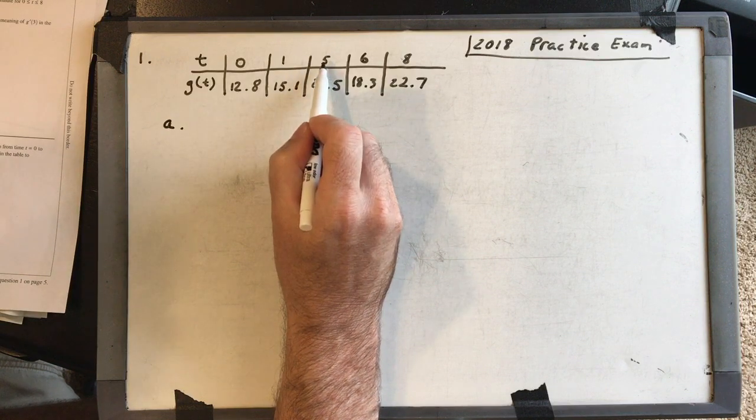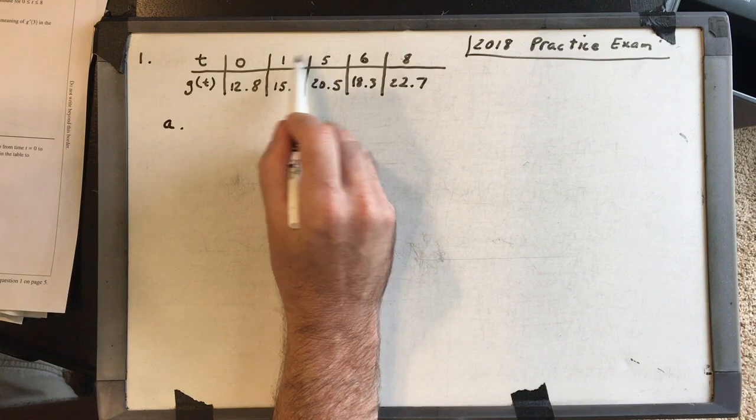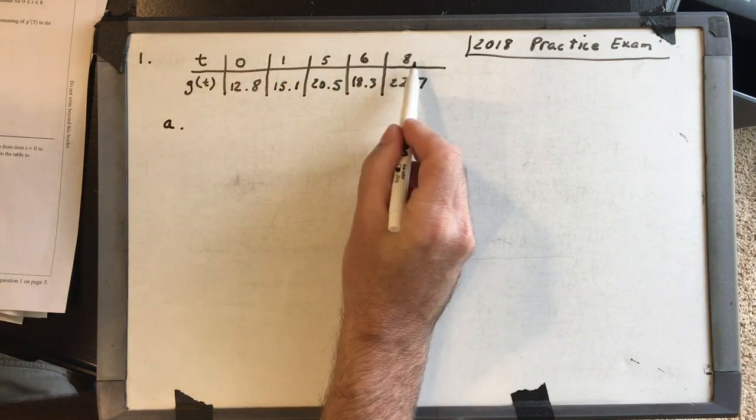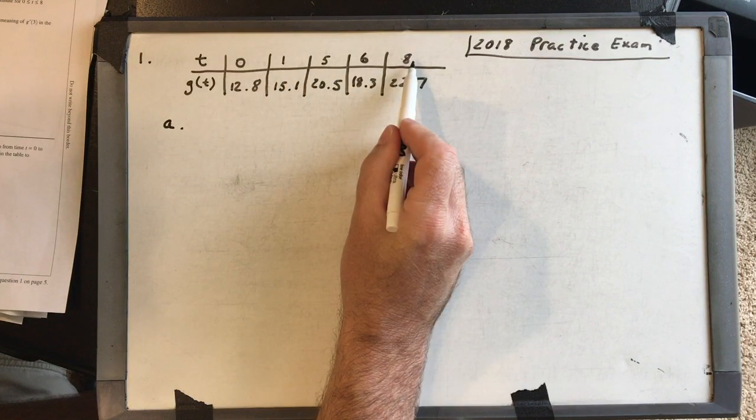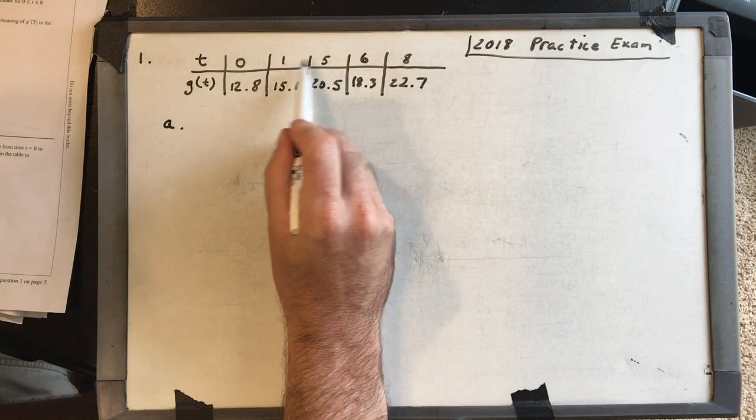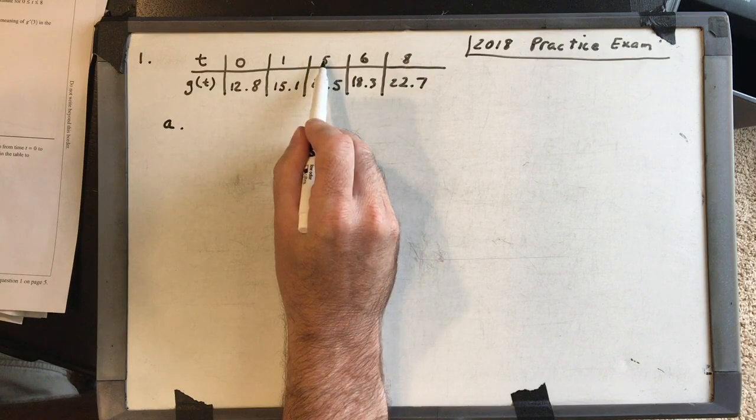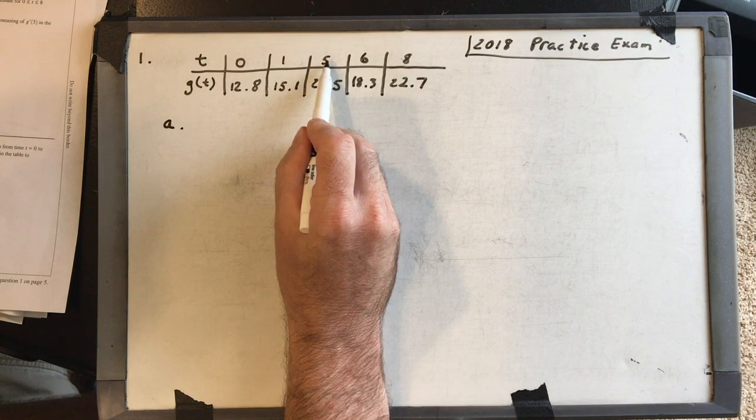Okay, so what you want to do to get G prime is to get the slope of something that surrounds 3. So you want to get the slope between 1 and 5. You don't want to do the whole thing from 0 to 8. That won't give you as good an estimation as if you close in and do the 2 endpoints on either side of 3.